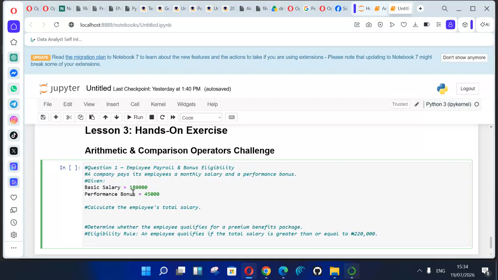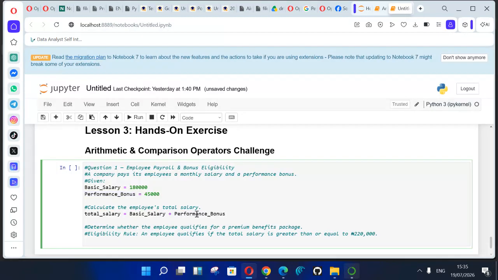So let's write the variable total salary is equal to basic salary plus performance bonus.